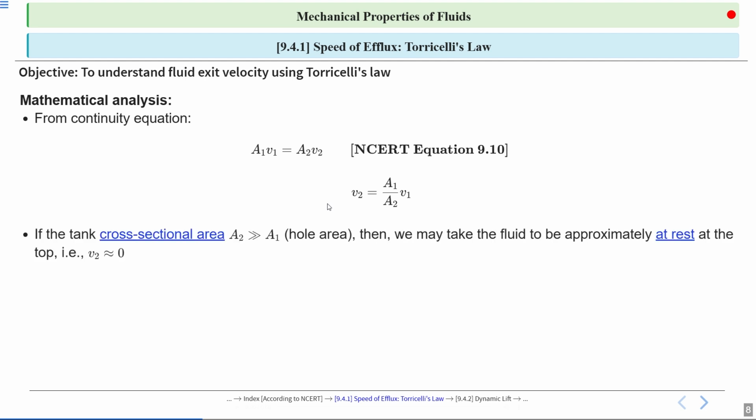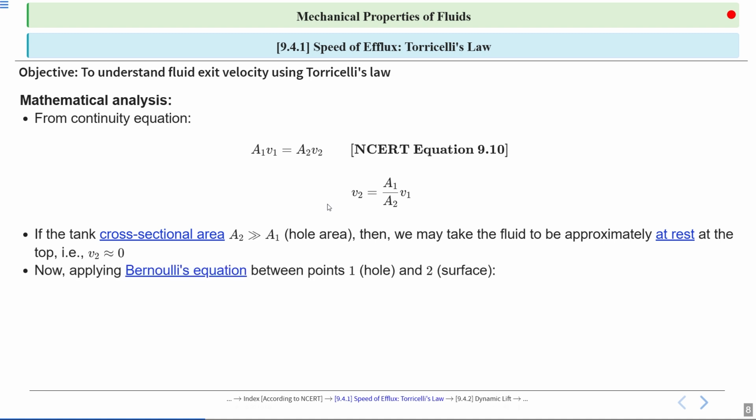So if the tank's cross-sectional area A2 is much greater than the area of the hole A1, we can assume the fluid at the top of the tank is almost at rest. In other words, V2 is approximately 0. This simplifies our calculations and is a common assumption in these problems.